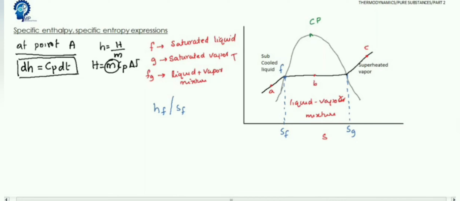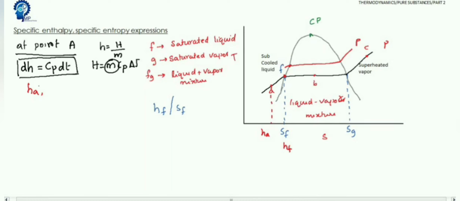We have this equation dH equal to Cp delta T. We need the enthalpy at A. How we are going to express this is like this. This will be HA, enthalpy at A. We know the enthalpy on the saturated line, that is the standard value for each pressure. For each pressure we have a different enthalpy, so for this pressure HF will be different, for that pressure HF will be different.